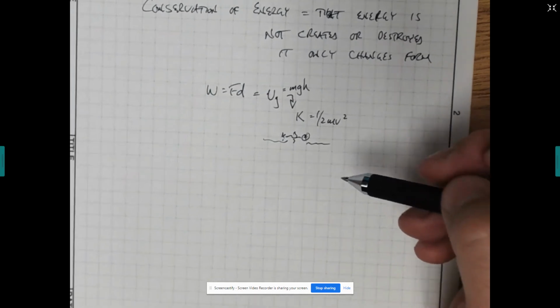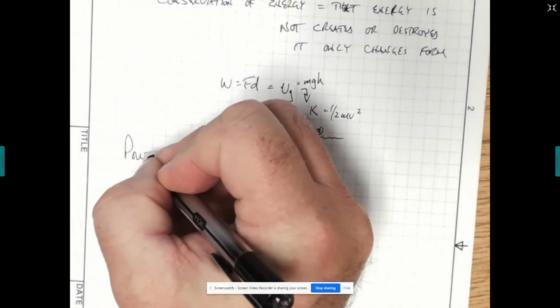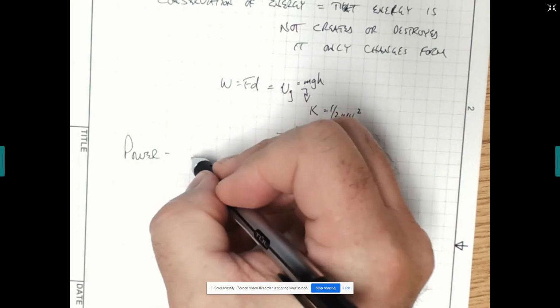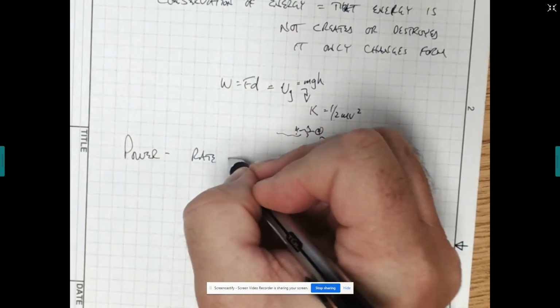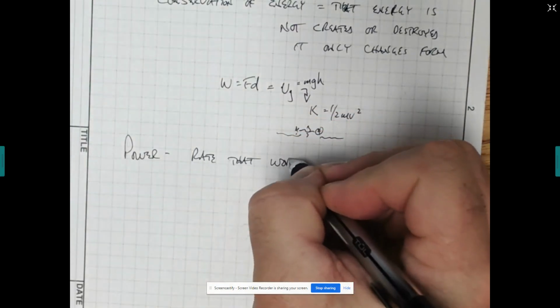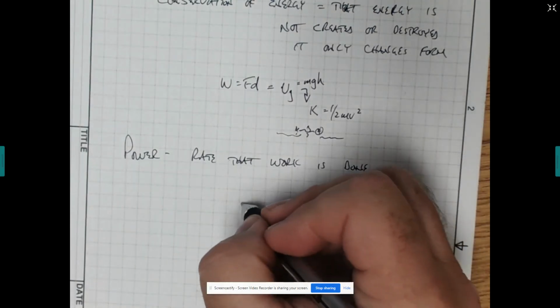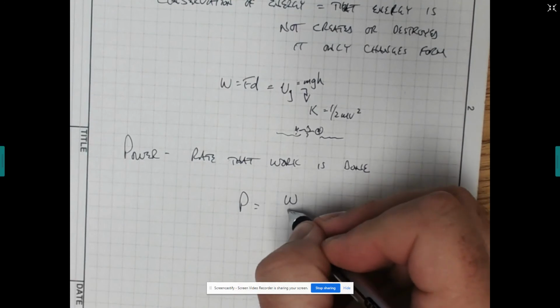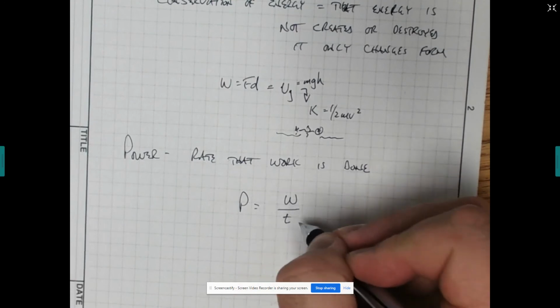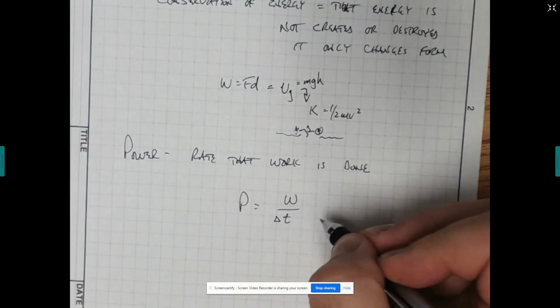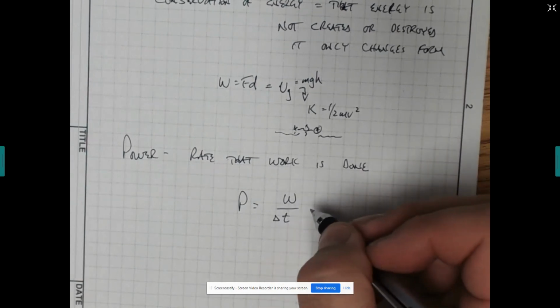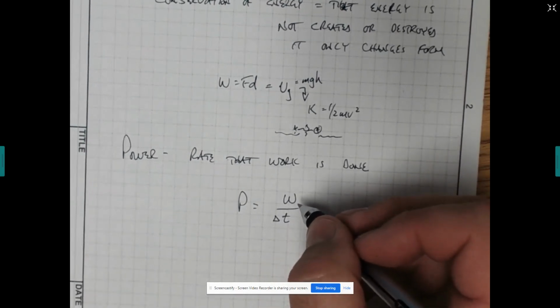And then the last thing we're going to talk about was work, energy, and power. So if we talk about power, power is the rate that work is done. So our equation for this is power equals work divided by time. And it's really the change in time, how much time took place while that work was being done.